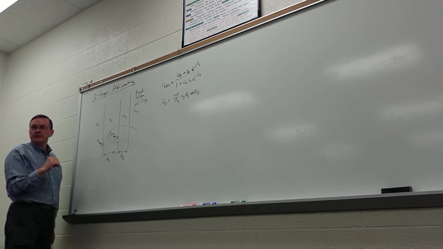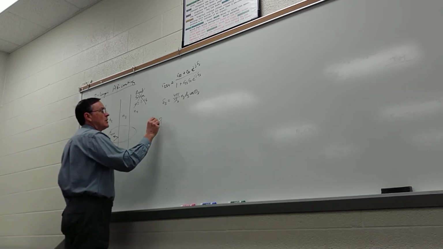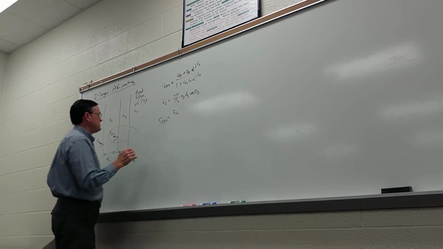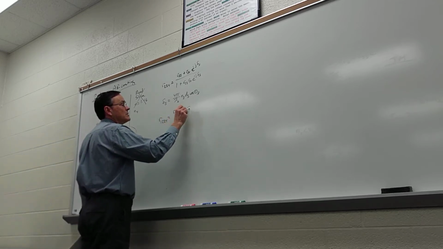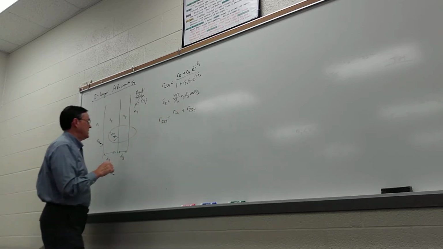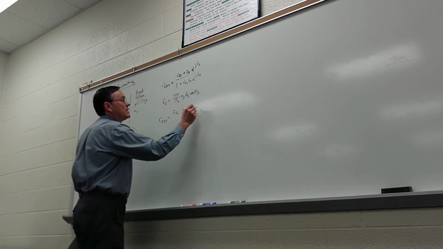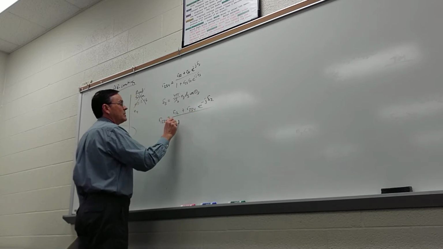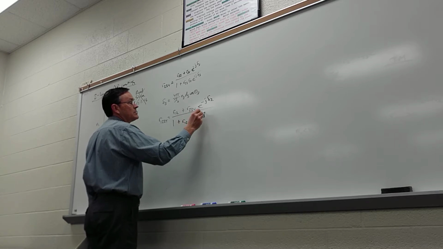So we can immediately write down the reflection coefficient for the entire system, R1234. It will be R12, the reflection coefficient of the first interface, plus R234, the reflection coefficient of the second interface, times e to the minus j delta 2, over 1 plus R12 R234 e to the minus j delta 2.